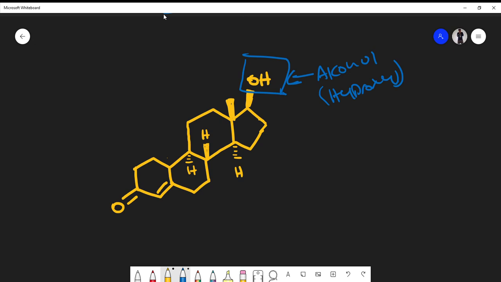We see a double bonded carbon within the ring, and this again is what we call an alkene. We also see that we have a carbonyl group, or double bonded oxygen, and beside it are two carbons, and I'm labeling the two carbons right here. And this is what we call a ketone.